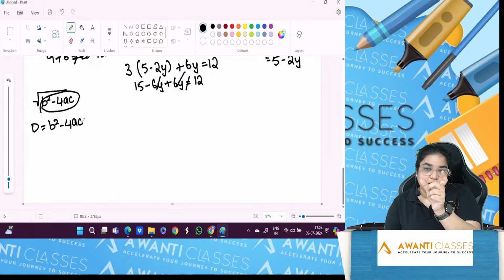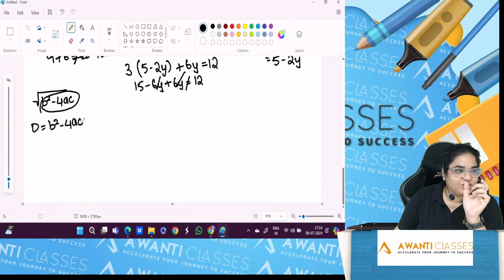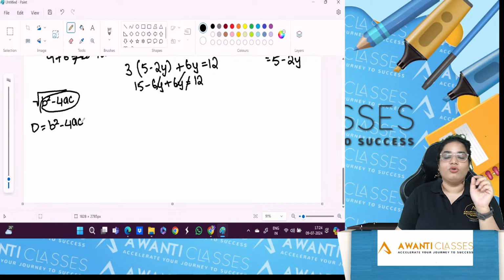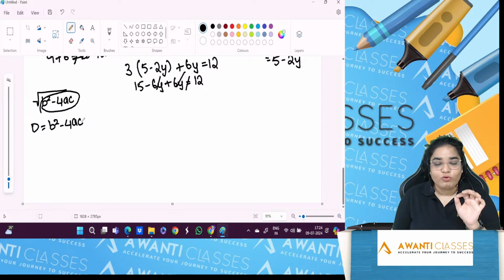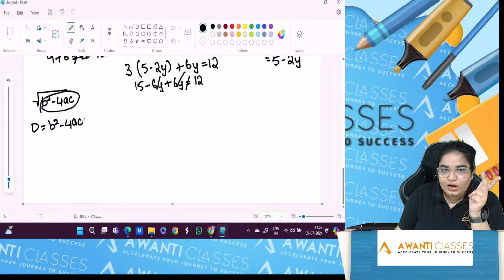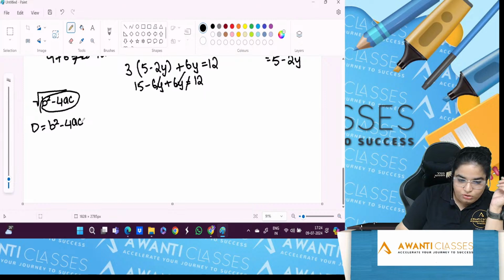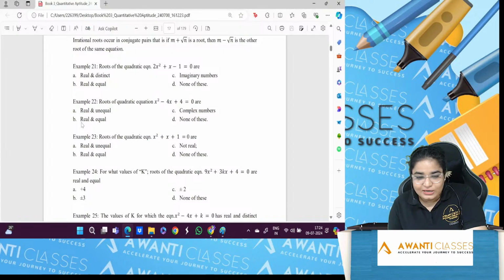If you solve the quadratic equation, you will get the roots of the equation. If you use the discriminant, you will find out the nature of these roots. Are they real numbers? Are they irrational numbers? Are they equal? Are they distinct? Distinct means two separate numbers.